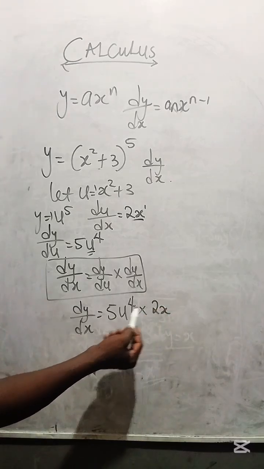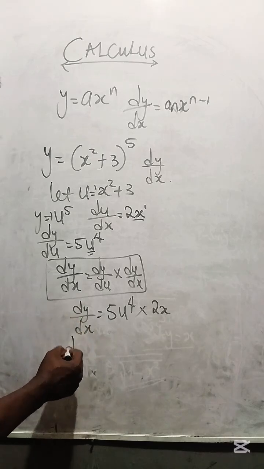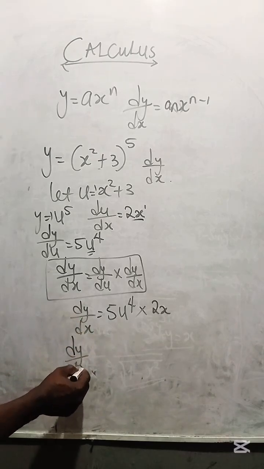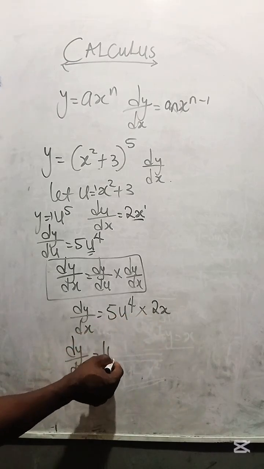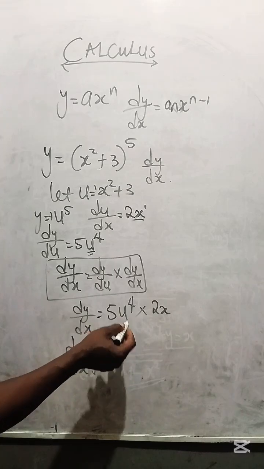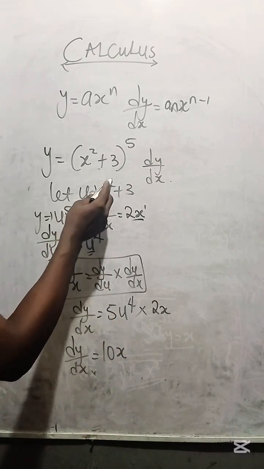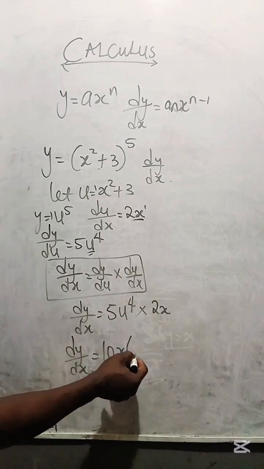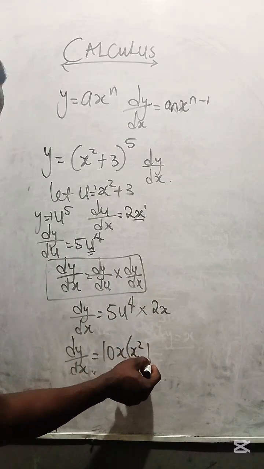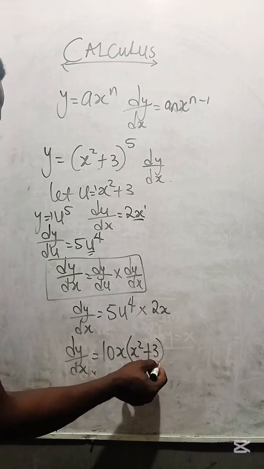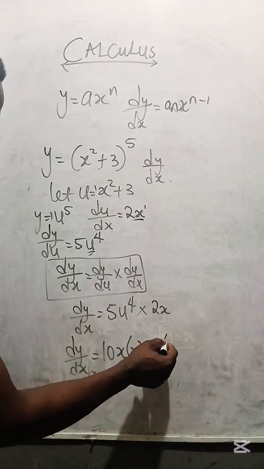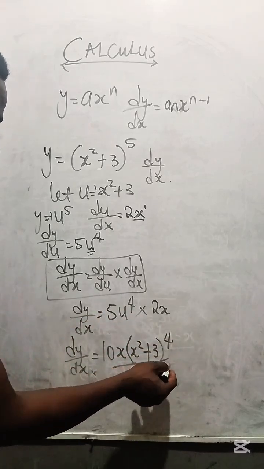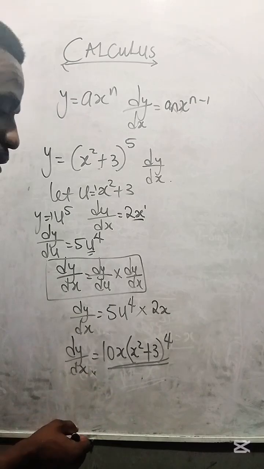So 2x times 5, 2 times 5 is 10, you have 10x. Our u is what? x squared plus 3, in brackets, raised to the power 4. So this becomes our final solution.